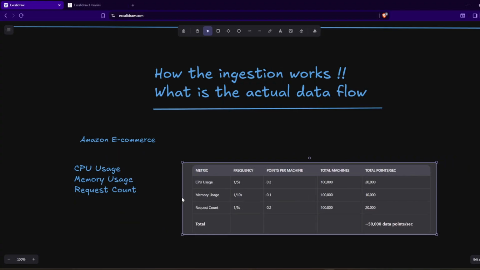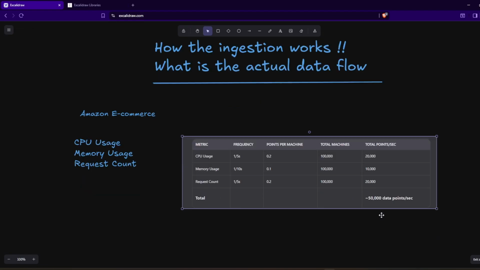For example, if for CPU usage in every 5 seconds I am getting one data point, for a total of 100,000 machines there will be 20,000 data points. For memory usage, suppose in every 10 seconds I am getting one data point, so again for 100,000 machines it will be 10,000 data points. Similarly for the request counts, if it is coming around 20,000, so per second you can imagine it is coming around 50,000 data points, which is actually huge.